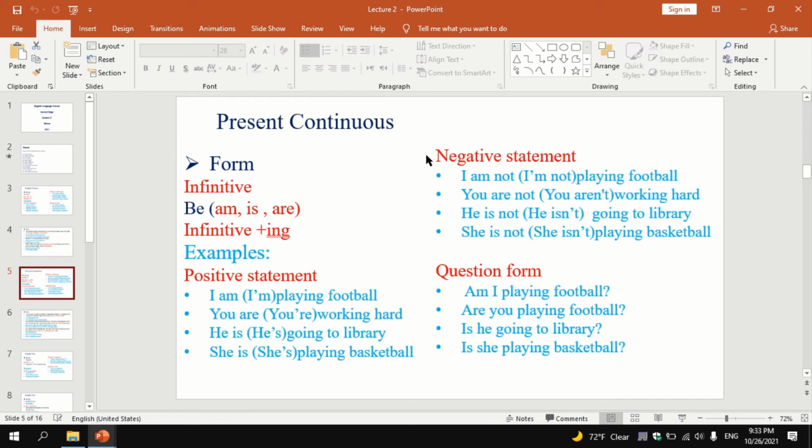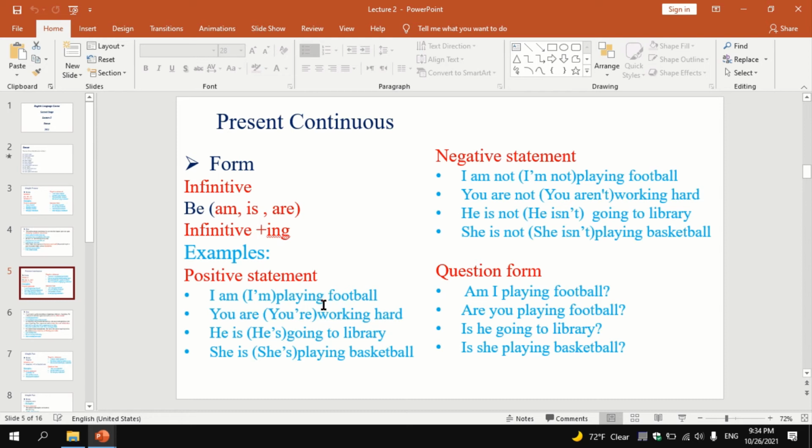The second tense is the present continuous. What is the form of the present continuous? Verb be, am, is, are, plus infinitive plus ing.